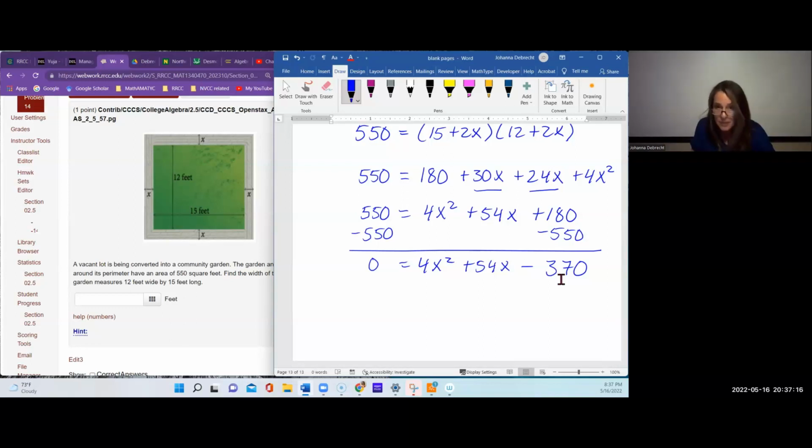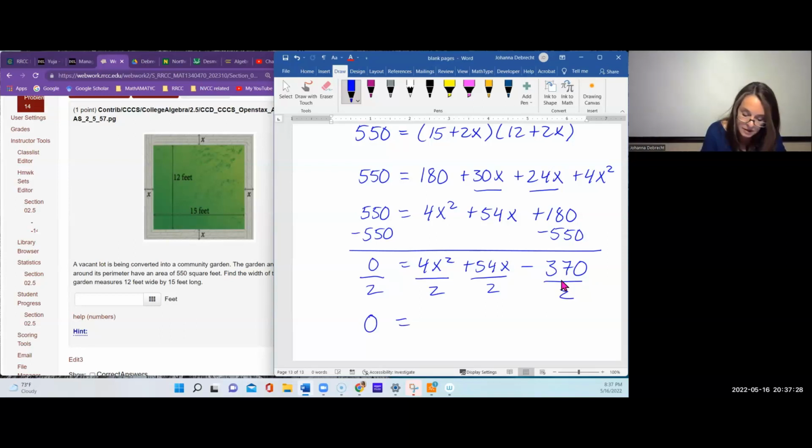Don't divide by the variable. It's a bad idea. This gives me each term divided by 2. This is going to give me 0 still. This becomes 2x squared plus 27x. And the last part becomes 185.